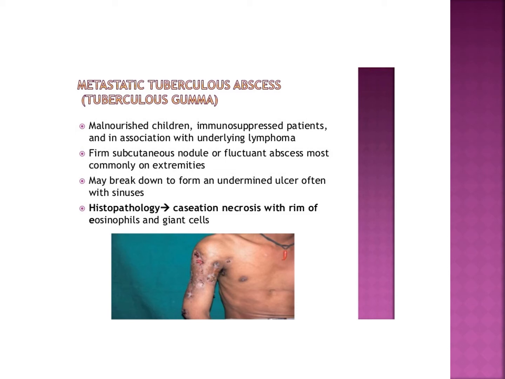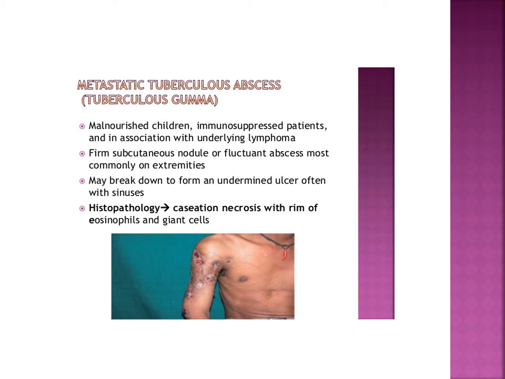Metastatic tuberculous abscess or tuberculous gumma is a very late feature of patients suffering from tuberculosis. It mostly occurs in immunocompromised patients having leukemia or lymphomas, and mostly in the distal part of the body, on the limbs.